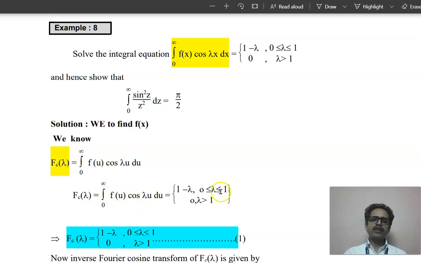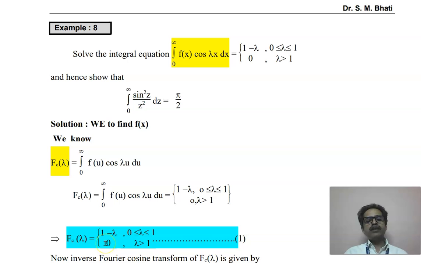Now considering first and last, you can see that Fc lambda will be a function having the value 1 minus lambda if lambda is between 0 and 1, and 0 if lambda is greater than 1. Let's call this equation 1, and that means we have obtained the value of Fc lambda here, from which we can find the inverse.